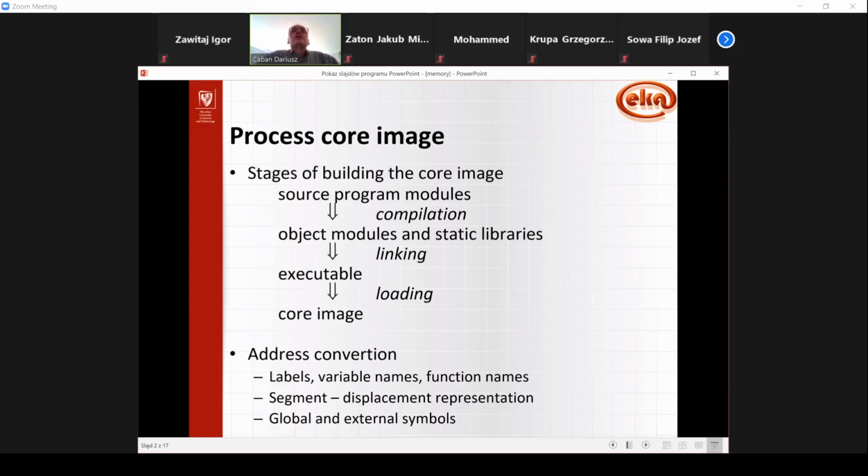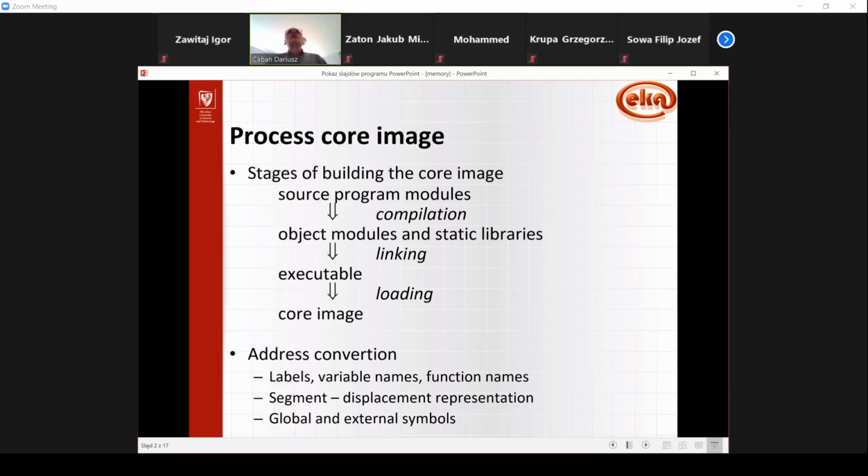Okay, so when you write the source program and compile it, the compiler builds object modules. That means modules which are partially compiled already, so partially converted. All the high-level language instructions are changed to low level.